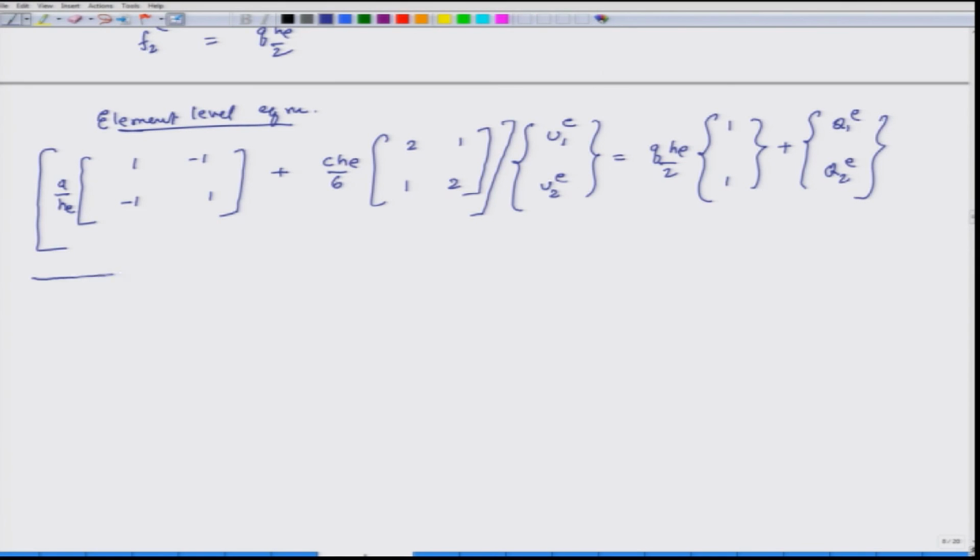So, this is the element level equation, and in this element level equation again we have two unknowns. C, A, Q, all these parameters are known. So, we have two unknowns and two equations.